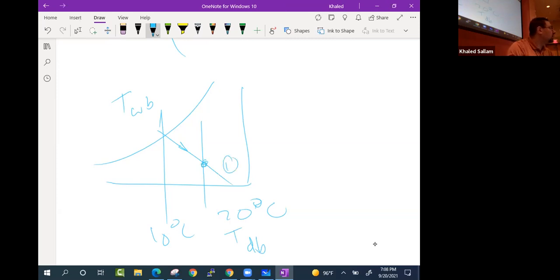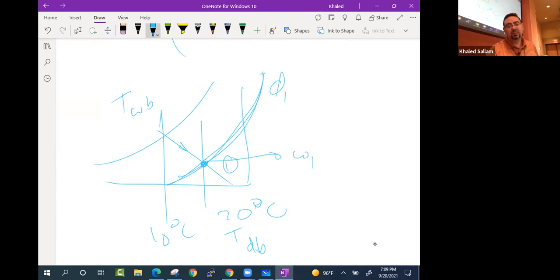That's the air. Make sense? Dry bulb, wet bulb. And I can read W1, I can read phi1, right? Yes. Okay.